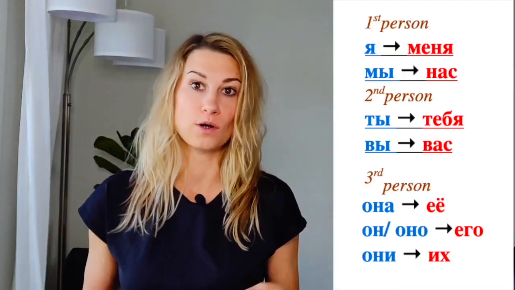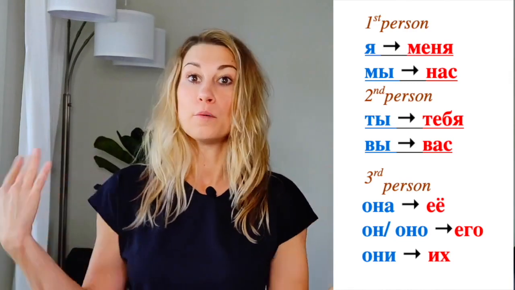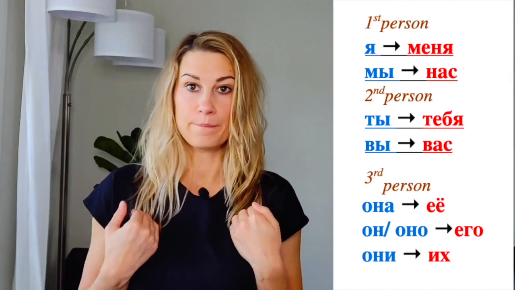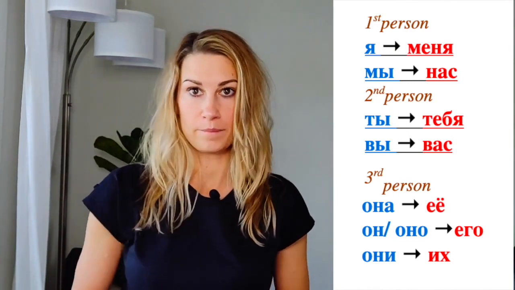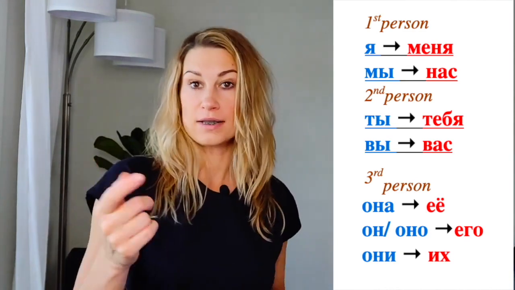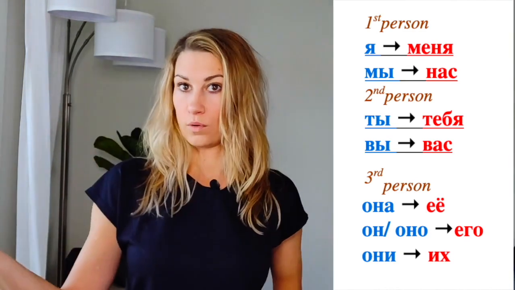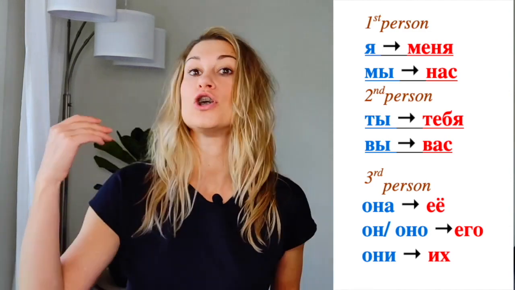So let's look at all of our personal pronouns and how they look in genitive case. Я is меня, мы is нас, ты тебя, вы вас, он его, она ее, and они will be их. And some examples. Меня зовут Катя.